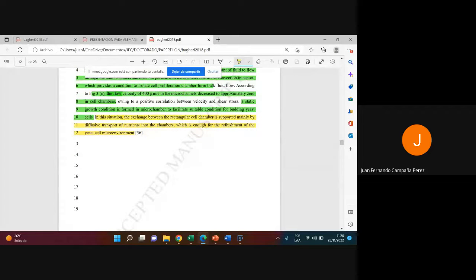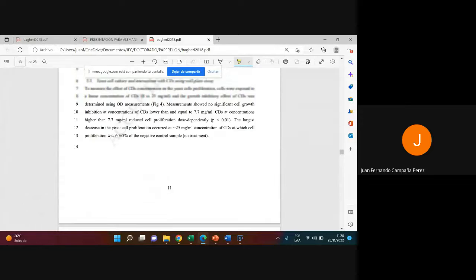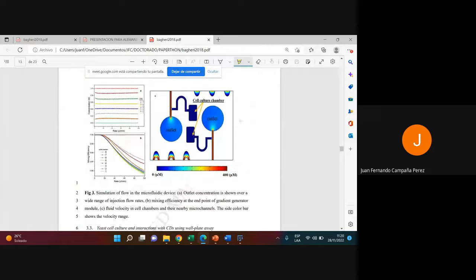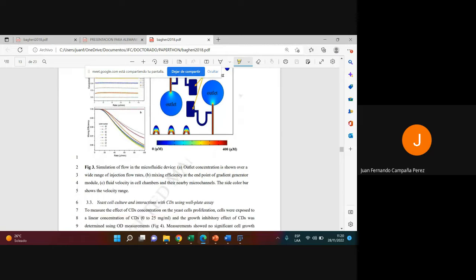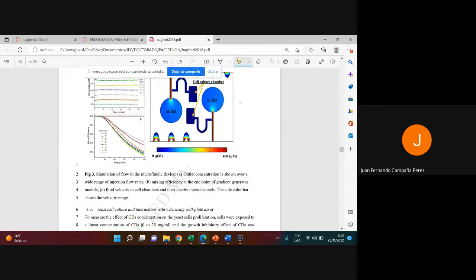And in part C of this figure, as you can see, the image of this part of the design. The flow velocity of 400 micrometers per second in the microchannels decreased to approximately 0 in the cell chamber. I think it's a heat map or something like that in this simulation.